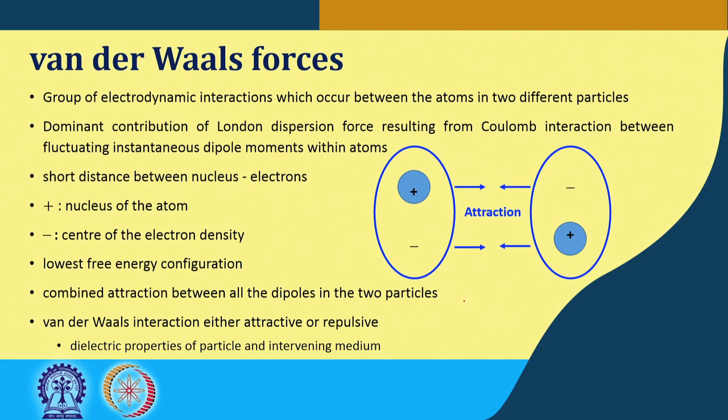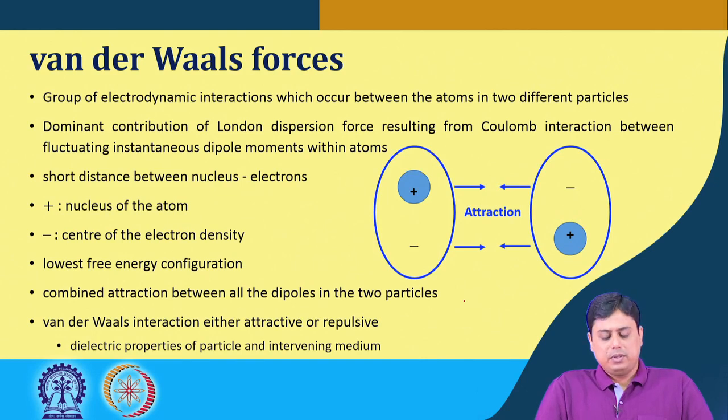Say the nucleus is positively charged, around which the electrons are orbiting. As the electron cloud rotates around the nucleus, it creates an electron density around this nucleus.